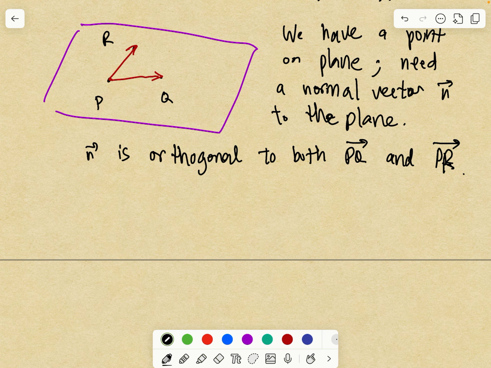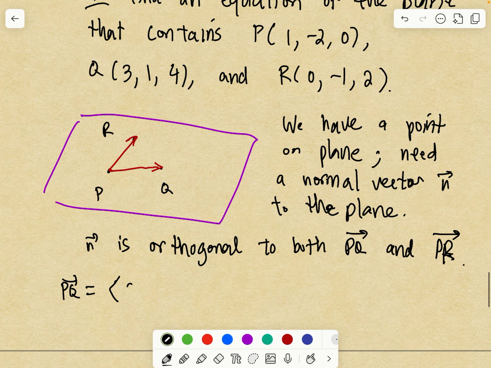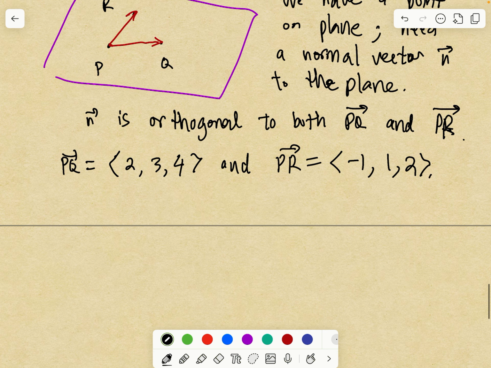So in this case, PQ is, you take the coordinates of Q and subtract the coordinates of P. So you get 2, 3, 4. So we have PQ, and PR is negative 1, 1, 2, right?